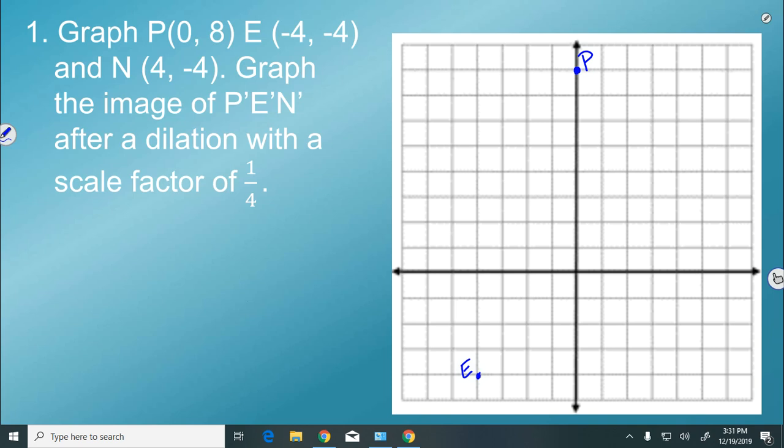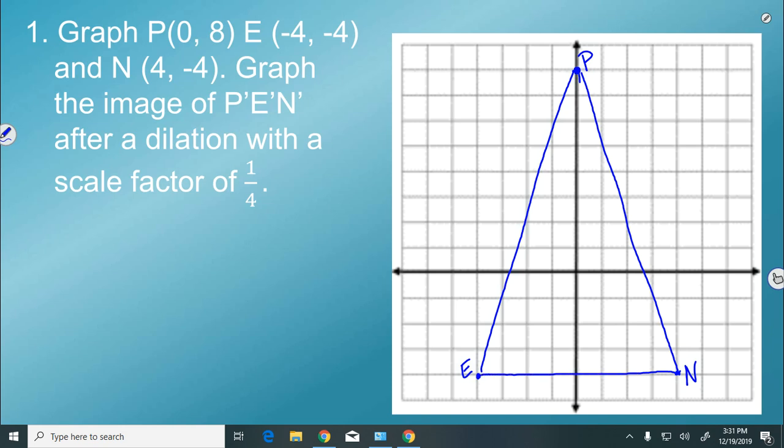And N(4, -4) is right 4 and down 4. So we get this really large isosceles triangle. And it's isosceles because the two sides are going to be congruent to each other. So it's like having two eyes, therefore isosceles.